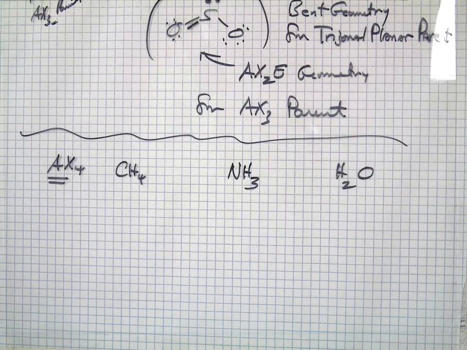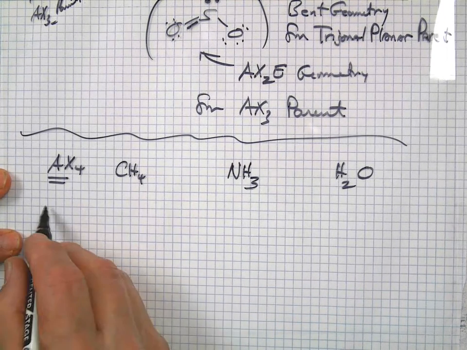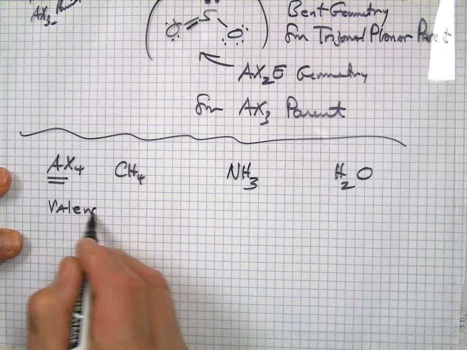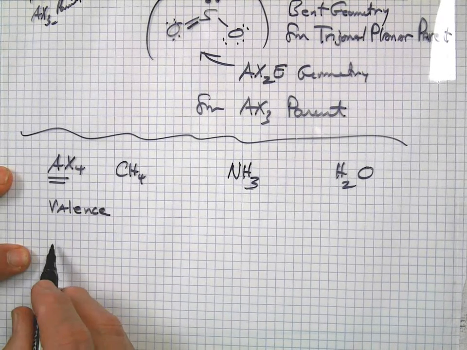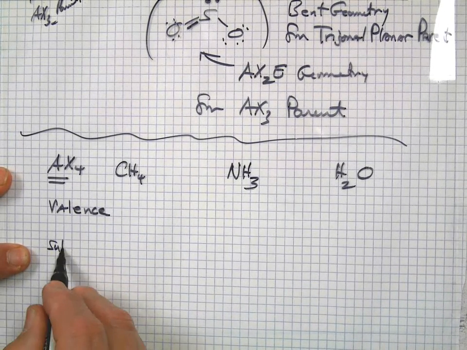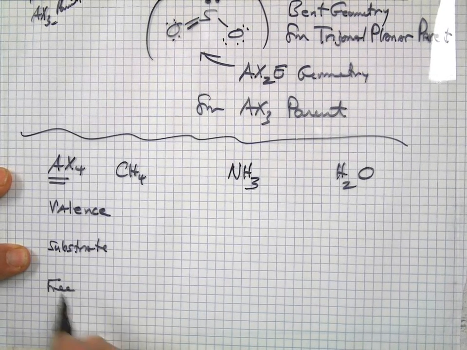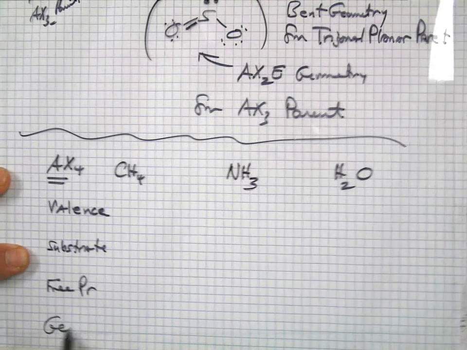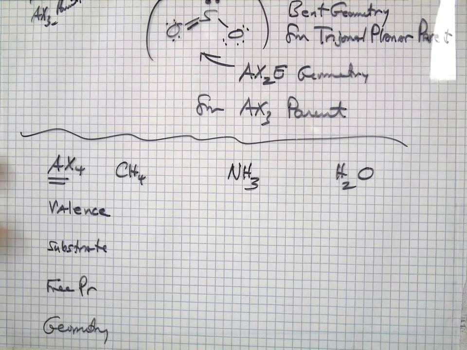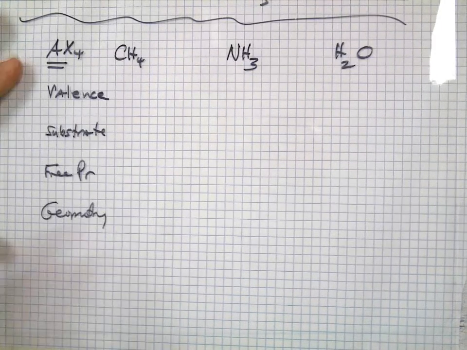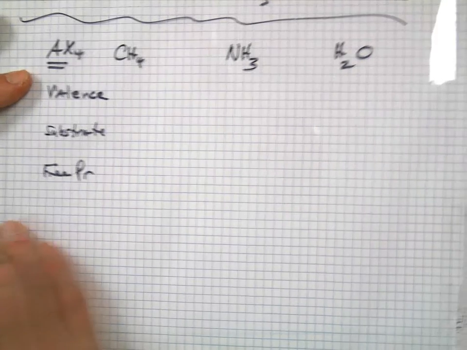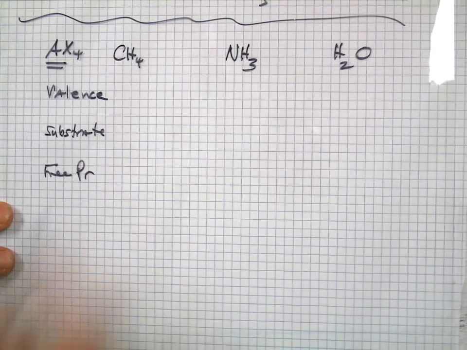We need to calculate valence, substrate, and free pair. And so we're going to take this arrangement and make a table: valence, substrates, and free pair. And then we'll get the geometry, and then the parent.